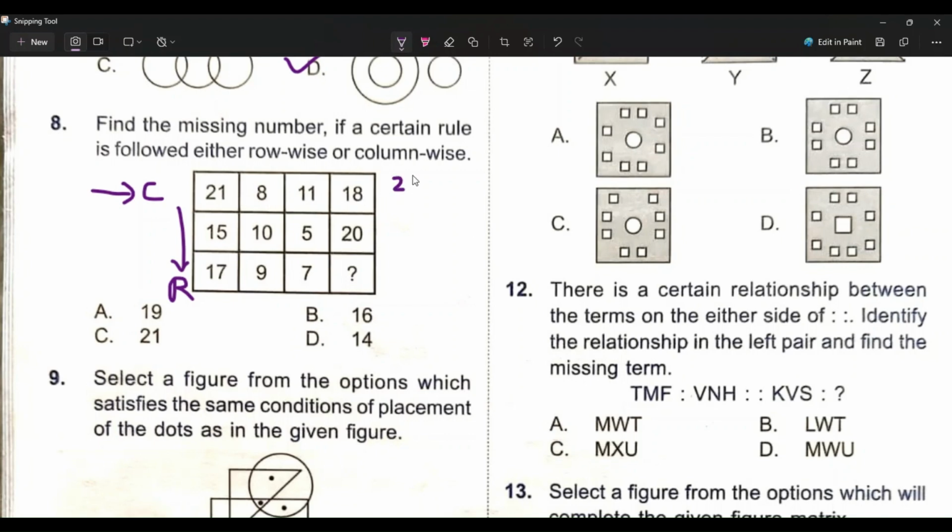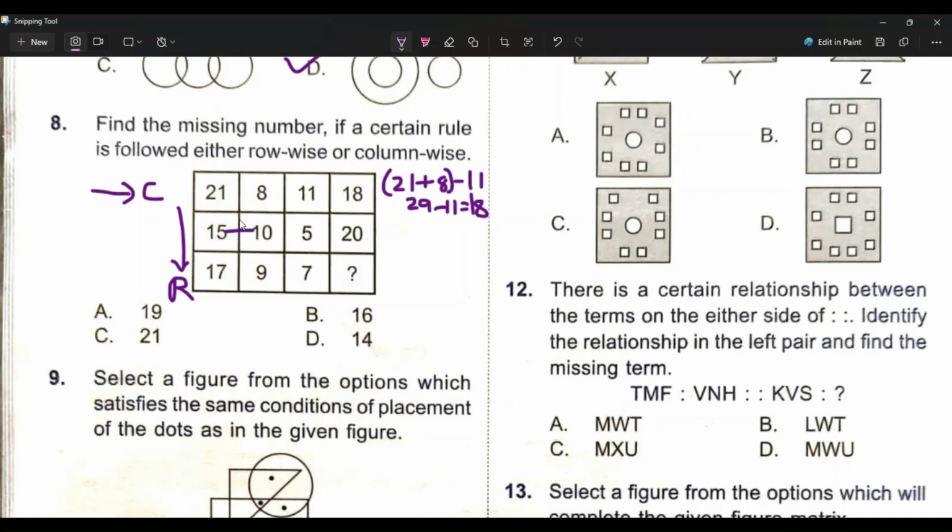So 21 plus 8 minus 11. How much, children? 21 plus 8 is 29. 29 minus 11 is equal to 18. So we got the first one in the column wise. So let's check second one. 15, 10, 5, 20.